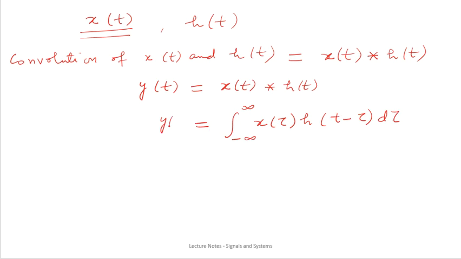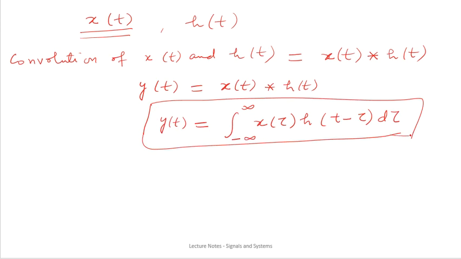This is another way of calculating the output of an LTI system. Here we have used the properties of linearity and time invariance in order to calculate the output.